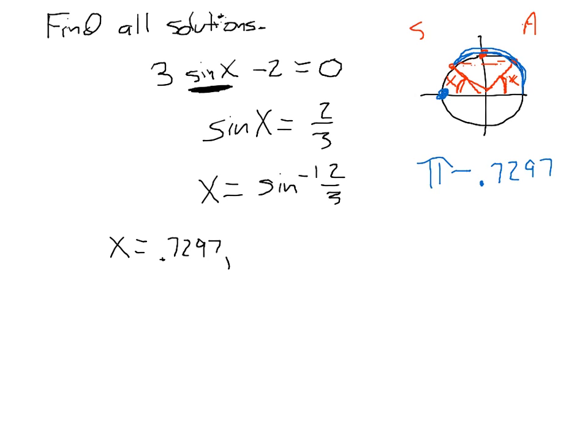And when we do that subtraction, we get 2.4119. And so there's our two values, our two solutions from 0 to 2 pi. And then to deal with all infinite solutions, because we are asked to find all solutions, we add in our 2 pi n.